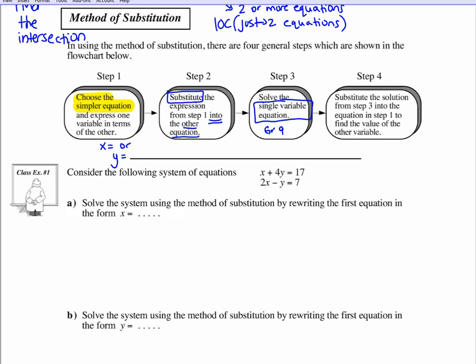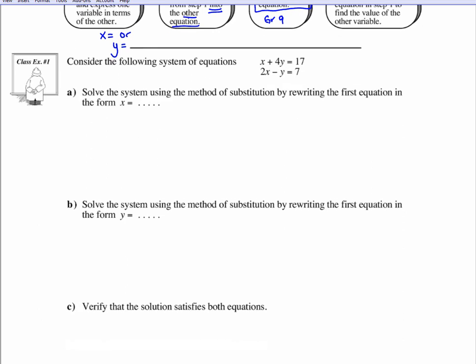Okay, so let's look at this. Is this a system? Yes, because we have 2 equations. Now it's up to us. There's 2 things that would make this an easy route. I could isolate for the x in the first equation, because whenever there's a coefficient of 1, it's easy to isolate. x has a coefficient of 1 in the first equation.